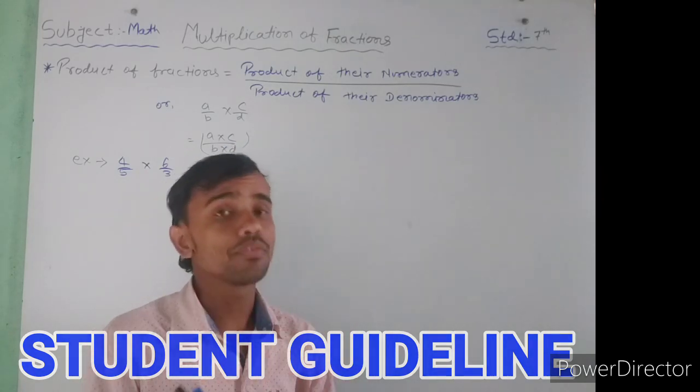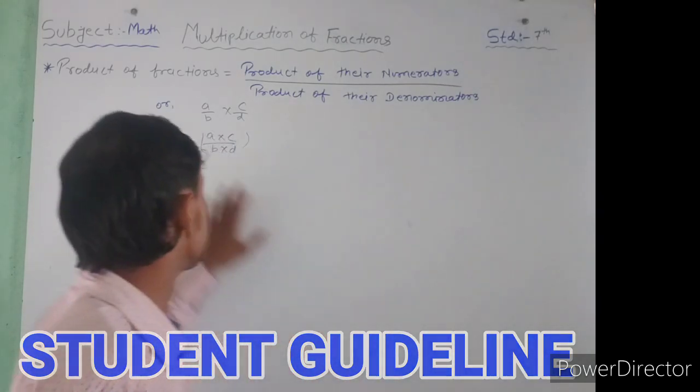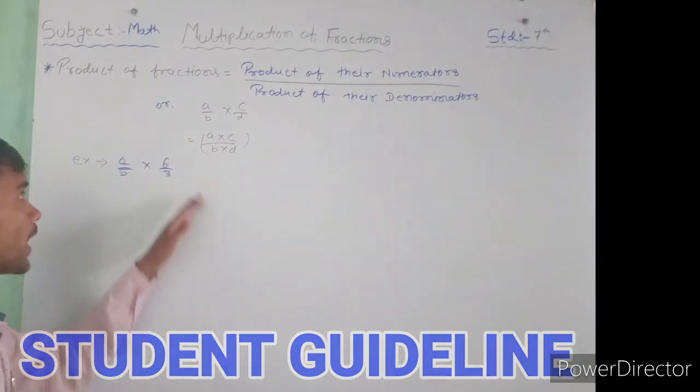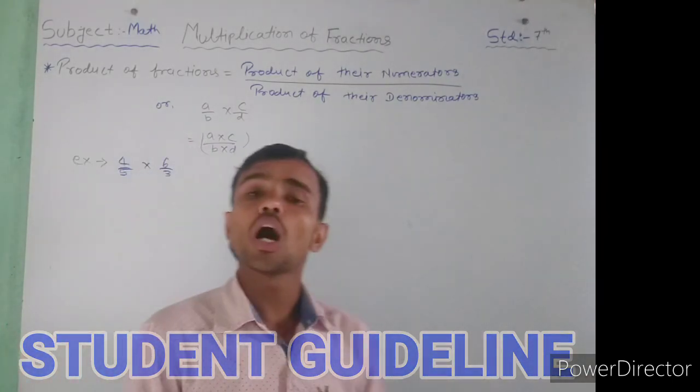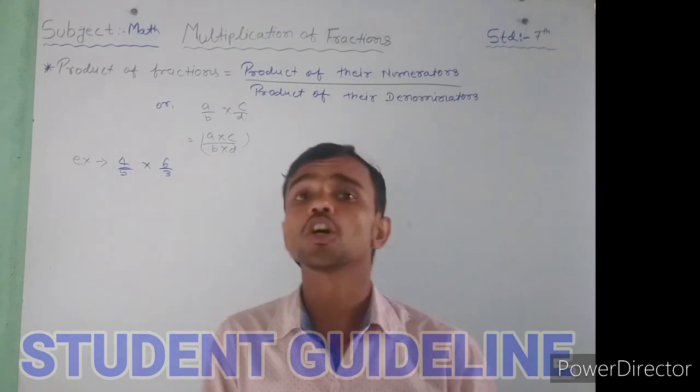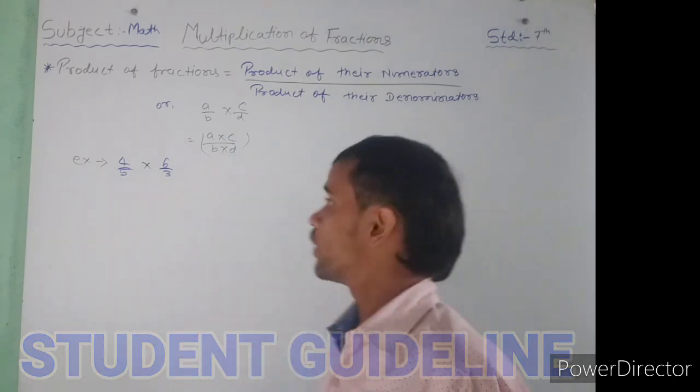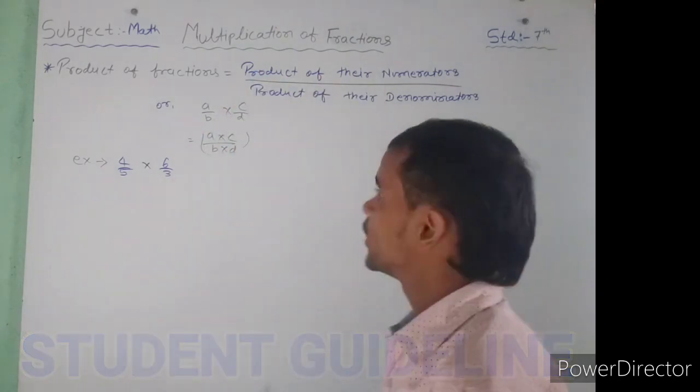If the question says 4 by 5 into 6 by 3, how do we solve it? Firstly, take the product of the numerators.